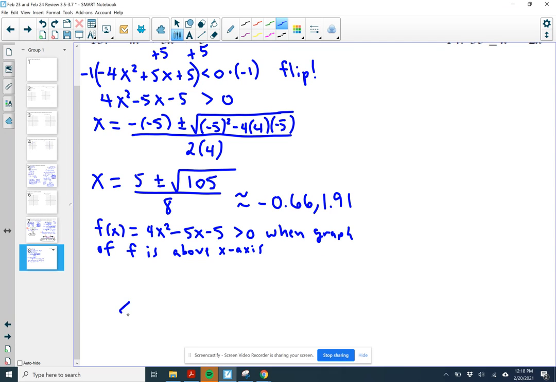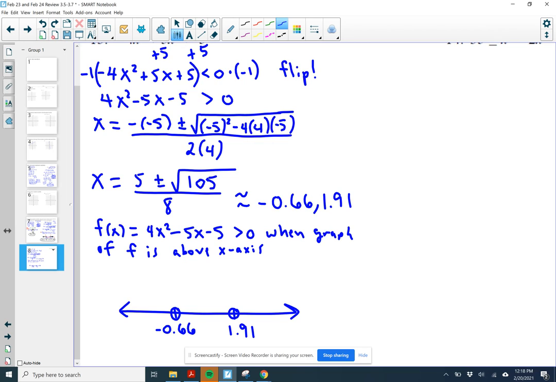So we draw our number line. We'll put on there the zeros. Are we doing closed circles or open? We're doing open because there's no equal sign with the inequality. We've got our 1.91. We've got our negative 0.66, and they're open circles.